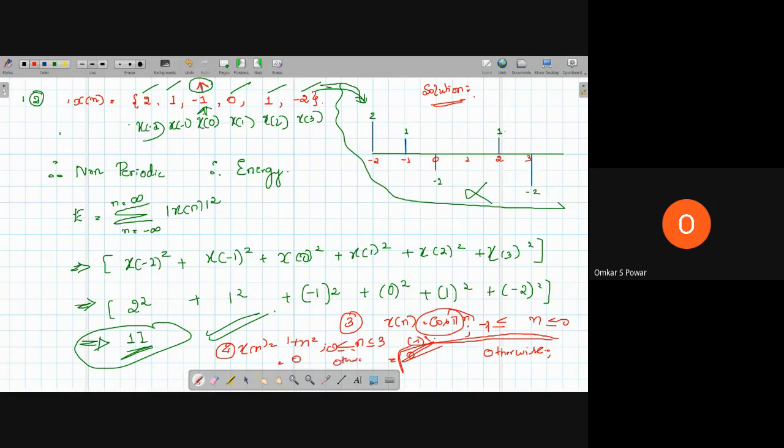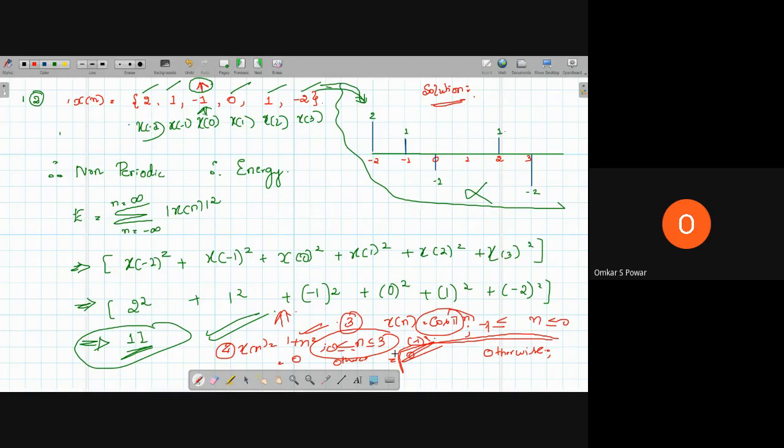You have to plot this for 0 to 3, and we'll get this as an energy signal. Similarly, how I have done previously, you can solve it. Different kinds of problems you have to solve. I have given you two sets of problems, and the other sets are for you to understand and do.